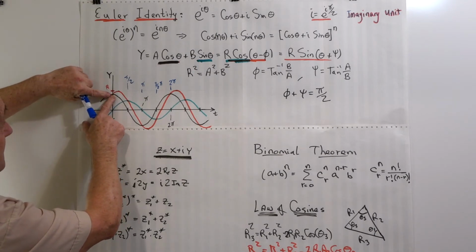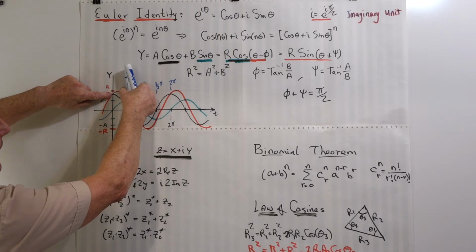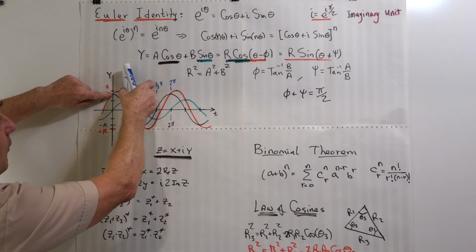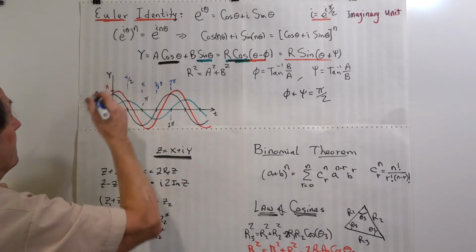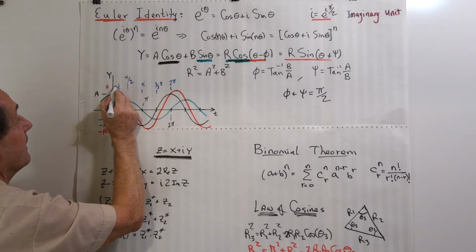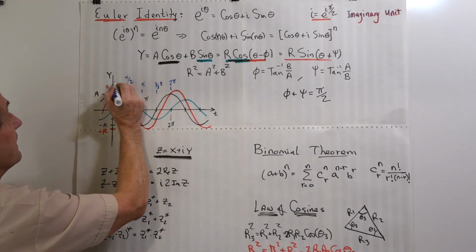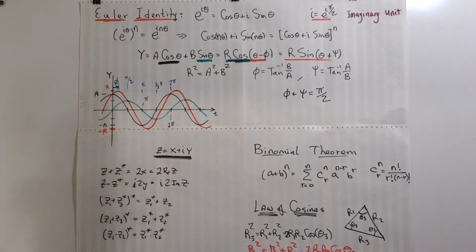It reaches a max at 0. But now it's shifted in time for its maximum when we combine the sine and the cosine. So it's phase shifted by this amount here, which is phi. This is our phase shift when talking about it as a cosine curve.